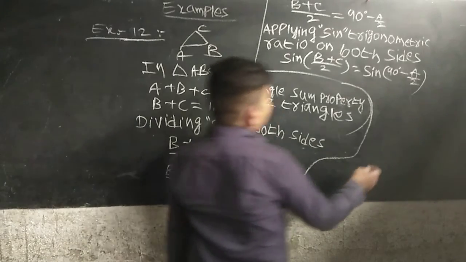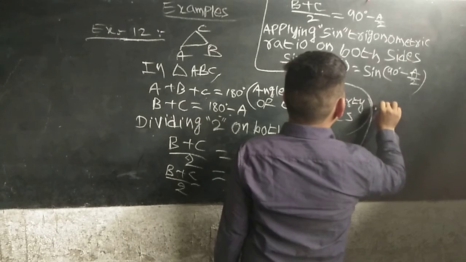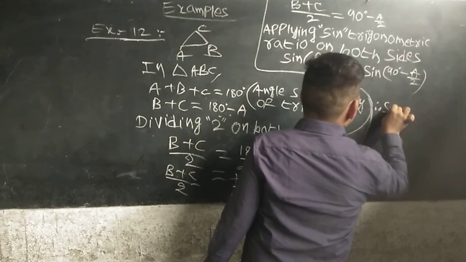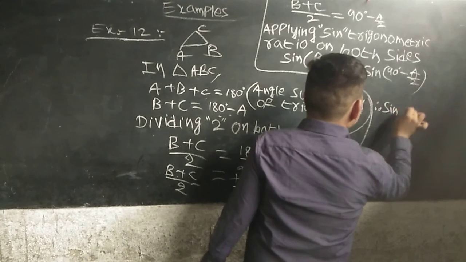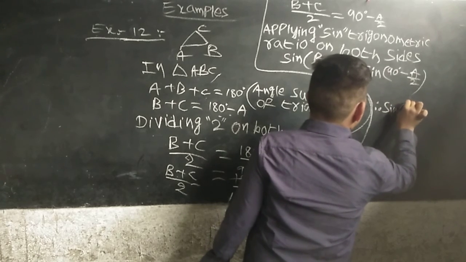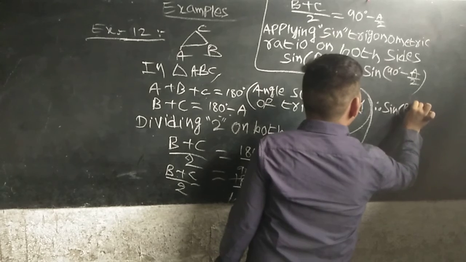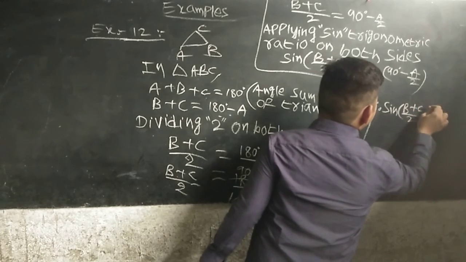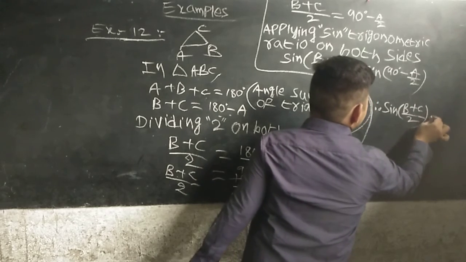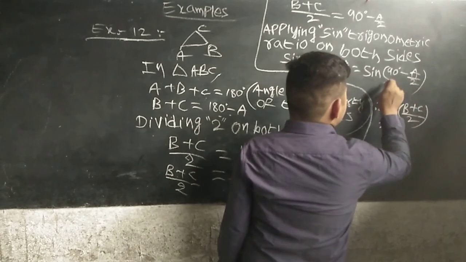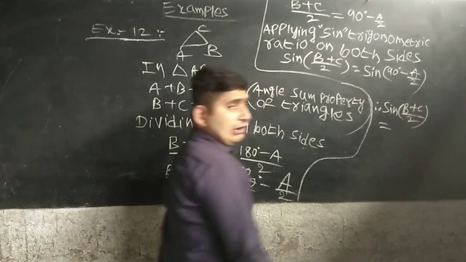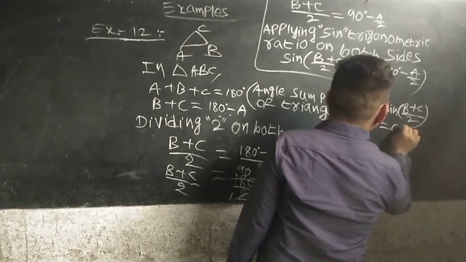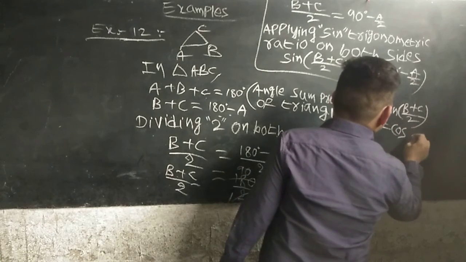Therefore, sine of (B plus C) by 2 equals cos A by 2.